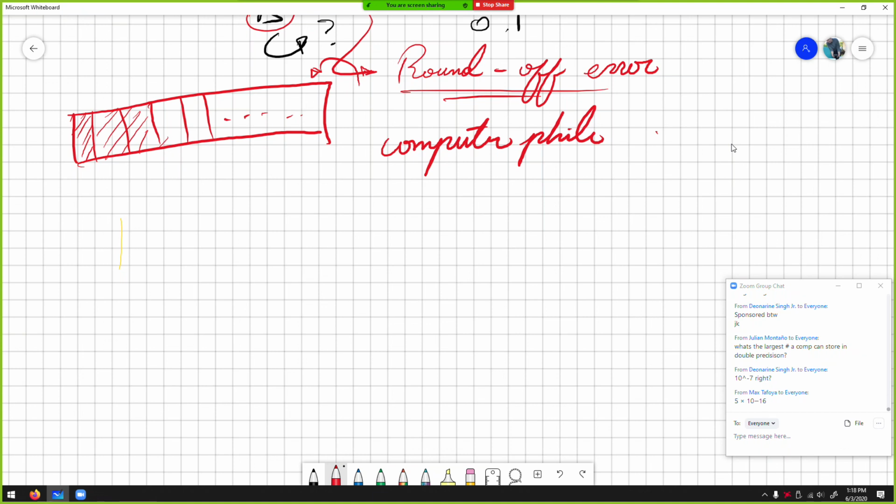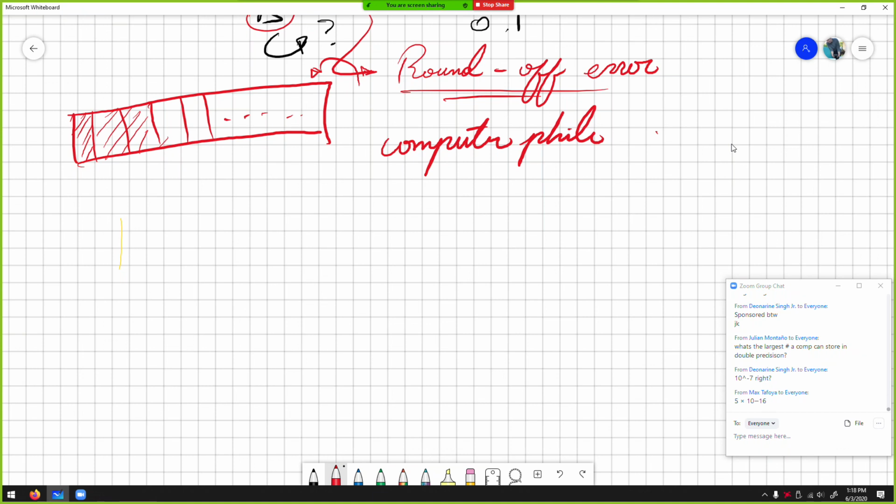So you're going in two completely different directions. You're asking what is the largest value I can store in my computer, versus 10 to the negative 7 in single precision, or 10 to the negative 16 or 17 in double precision. We're talking about machine epsilon: how small can I go on my delta before it all goes bad?